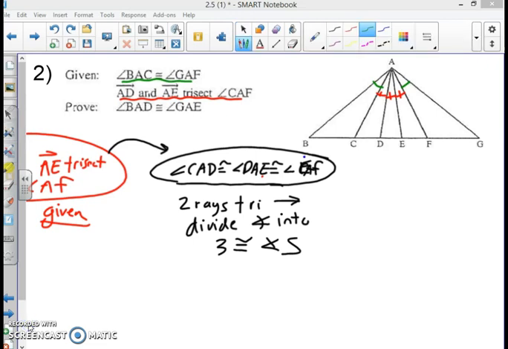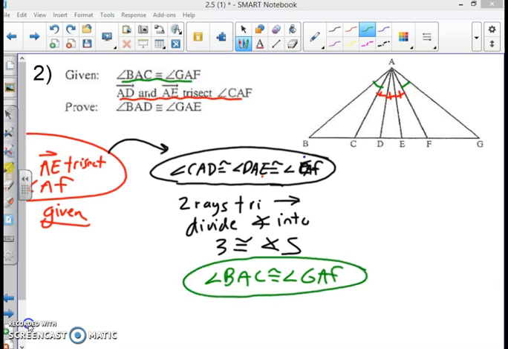Now you'll notice we haven't used that other given information from up top, and that's because we haven't needed it yet in the proof. Now we need it, so now we state it. So angle BAC is congruent to angle GAF. That is given to us.